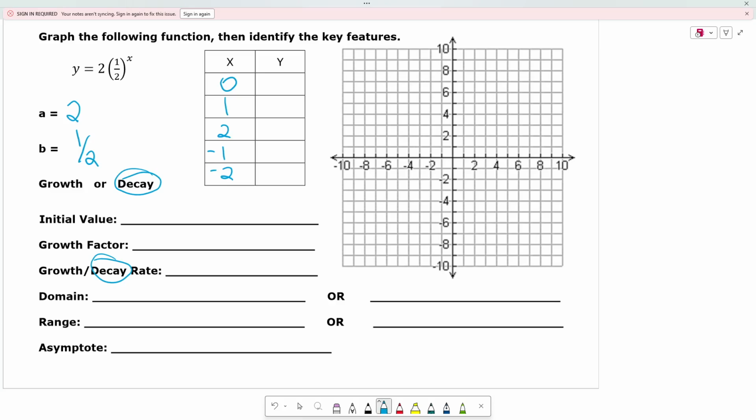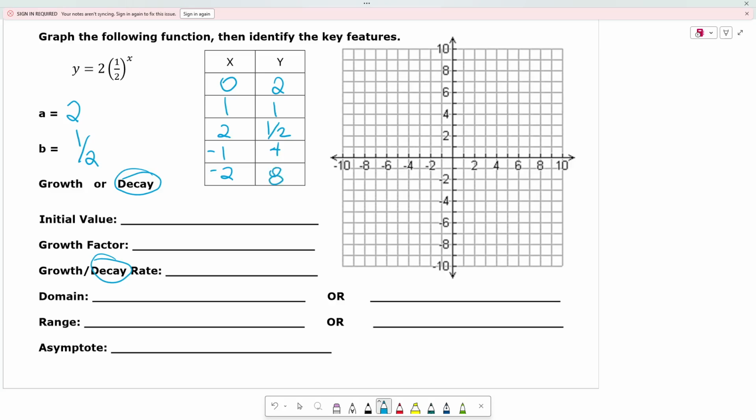And when you do, you'll see that the values you get are 2, 1, 1/2, 4, and 8.